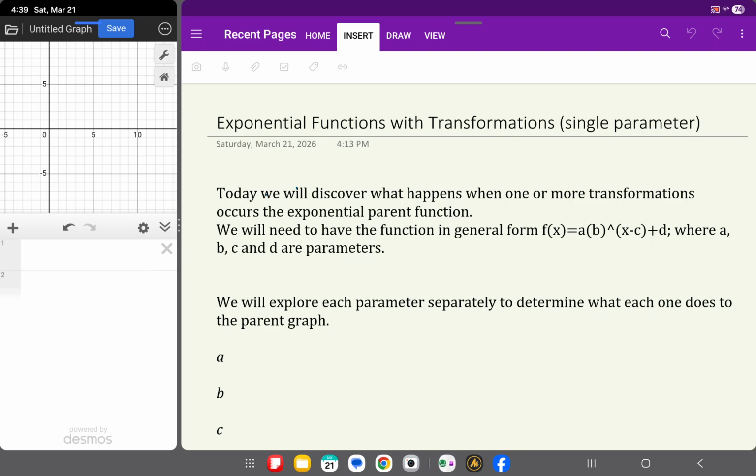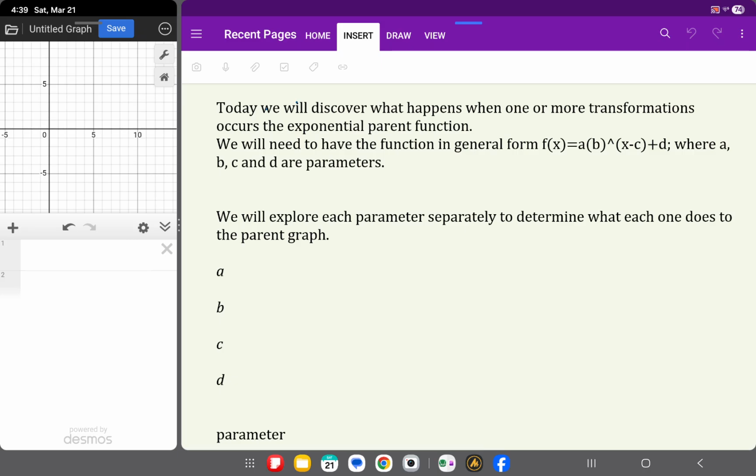We will need to have the function in general form, which is f of x equals a, which is the initial value, multiplied by b, which is the base, raised to the exponential power of x minus c, plus d, where a, b, and c are parameters. We will explore each parameter separately to determine what each does to the parent graph.